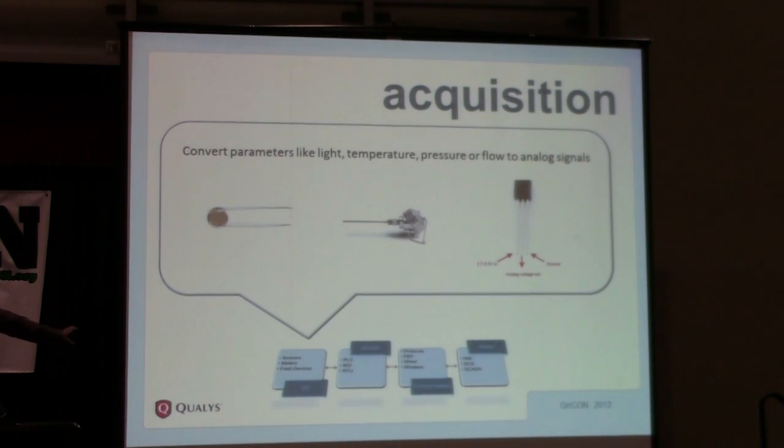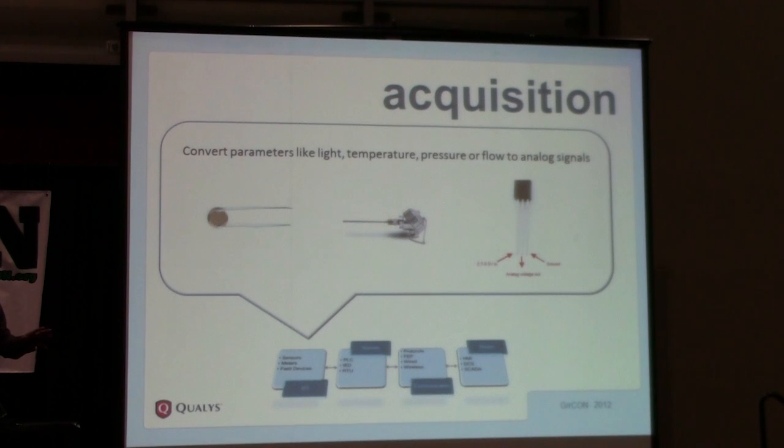So the box on the leftmost side is that of data acquisition. This consists of sensors, meters, field devices, which acquire parameters like light, temperature, pressure, and convert them most probably to an analog signal.